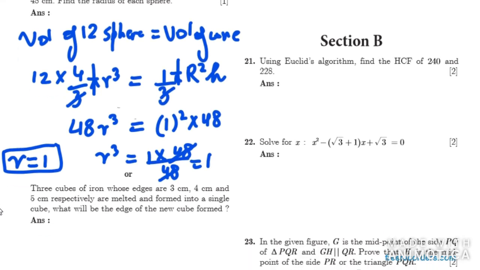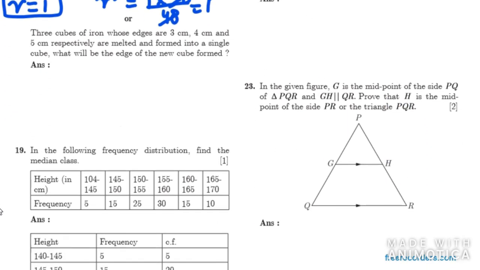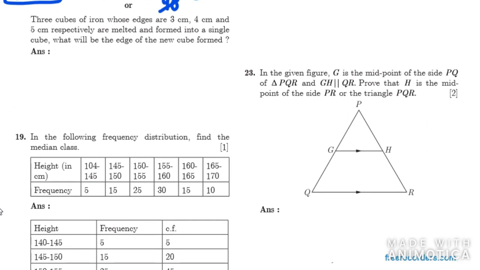Next, or part of it says 3 cubes of iron whose edges are 3 cm, 4 cm and 5 cm respectively are melted and formed into a single cube. What will be the edge of the new cube formed? So volume of new cube be volume of first, that is 3 cube plus 4 cube plus 5 cube.